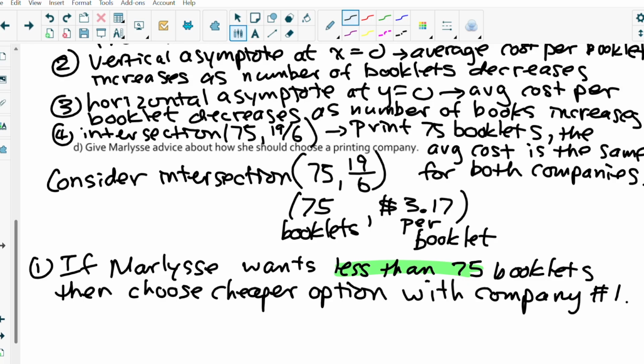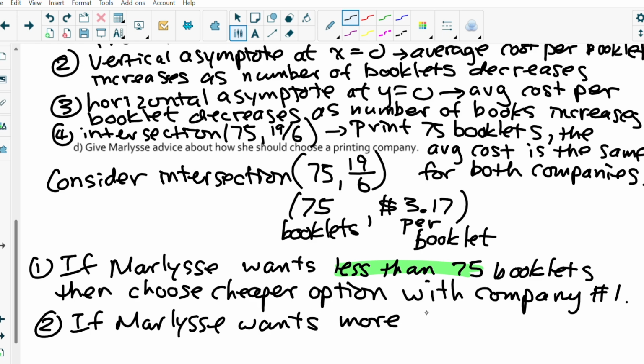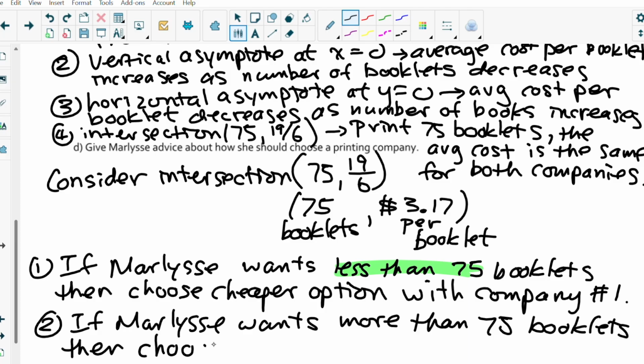If Marlies wants more than 75 booklets, then which company should Marlies choose? Then choose the cheaper option.